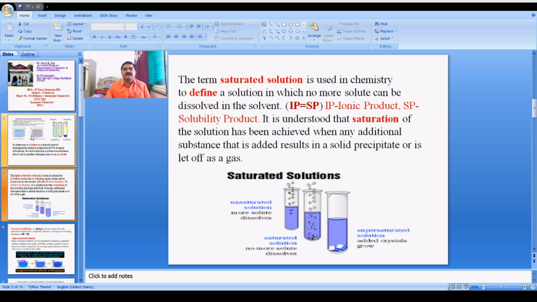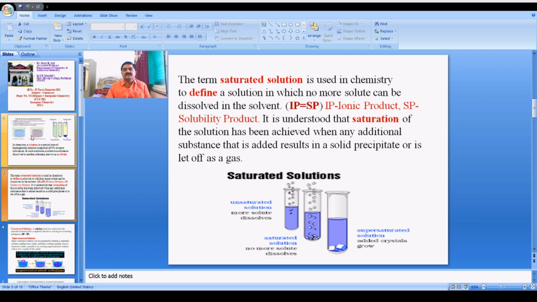The definition of a saturated solution is used in chemistry to define a solution in which no more solute can be dissolved in the solvent. That means IP is equal to Sp. What is IP? IP is the ionic product and Sp is the solubility product. Here the ionic product is equal to the solubility product.